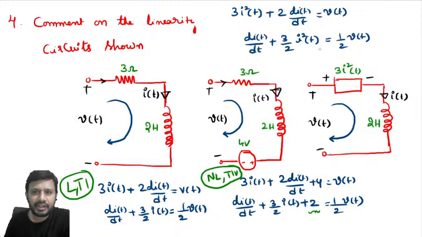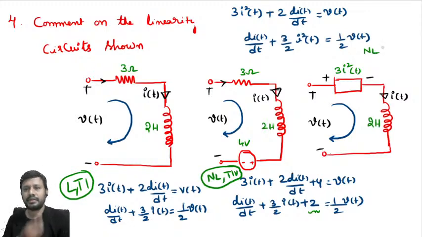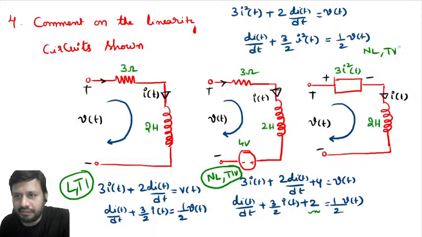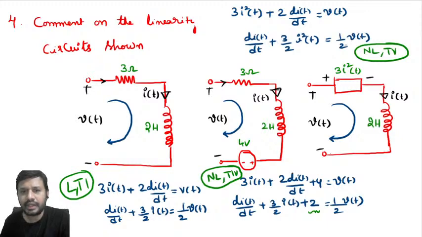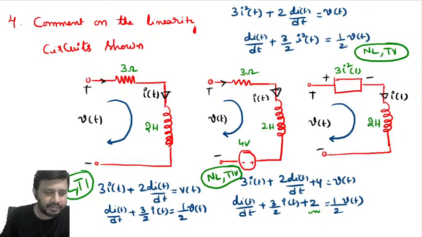The coefficient is a function of i of t, which means this is non-linear. And if the coefficients are functions of the variable, it will become time variant also. Non-linear time variant. The third one is non-linear time variant.